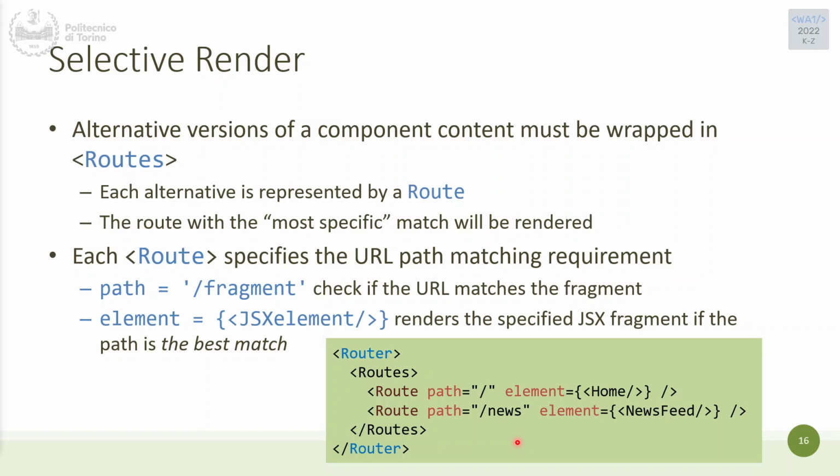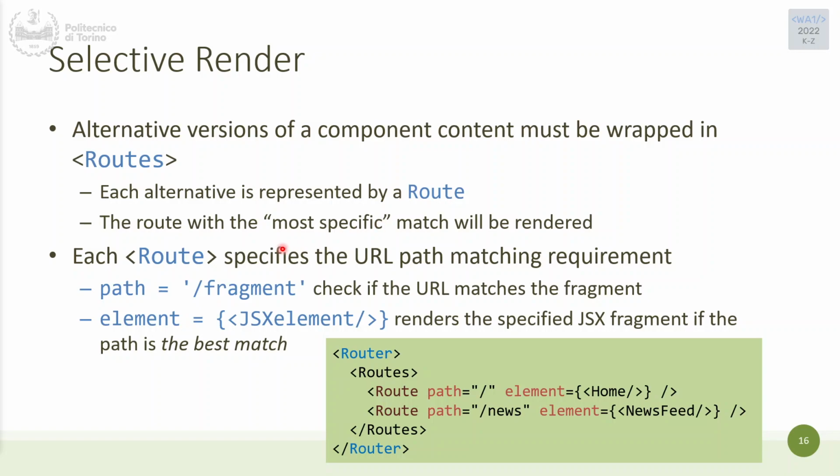So it was important to specify the entries in the right order. Actually, the library is a little bit smarter and will always give you the best match, so the most specific. You have to think about that when you specify the routes.